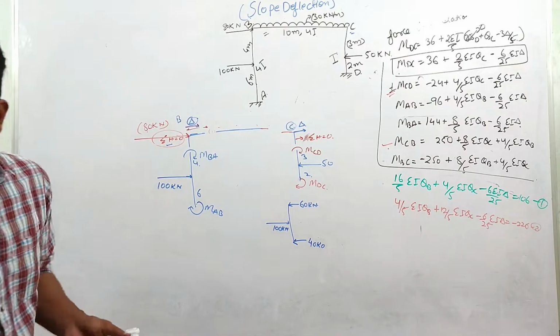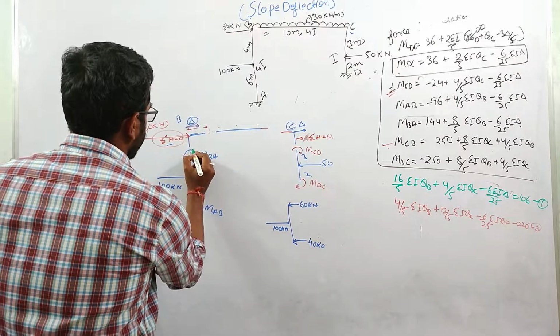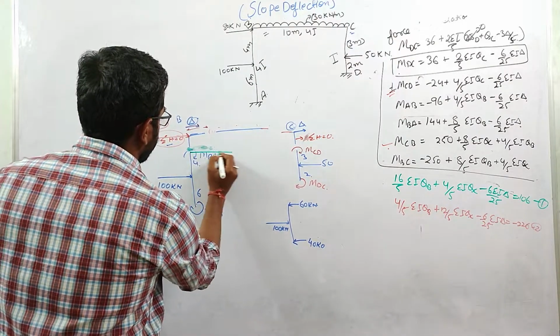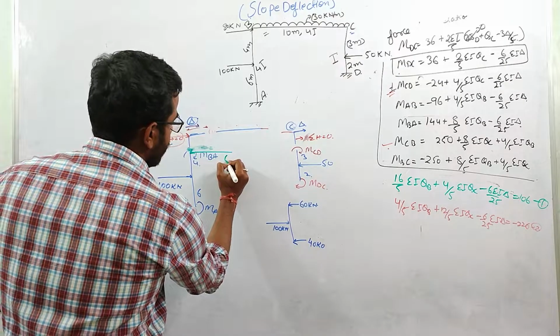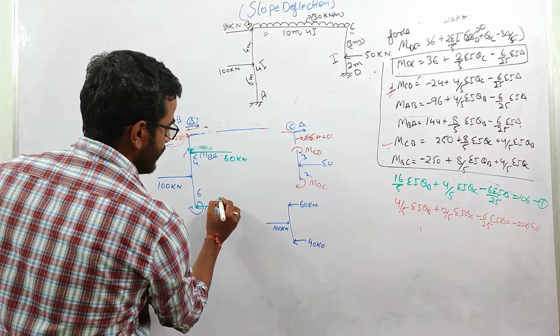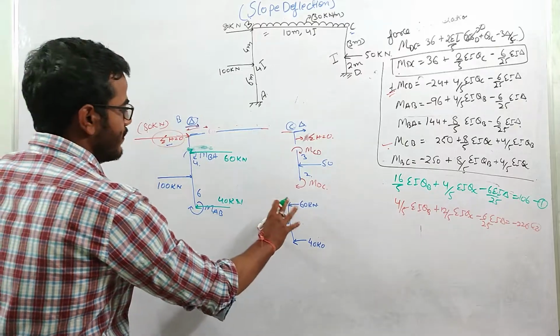So at this end there will be some reaction, and the value is 60 kilonewton. Similarly at this point the value is 40 kilonewton, and how this value is coming we have discussed over here.